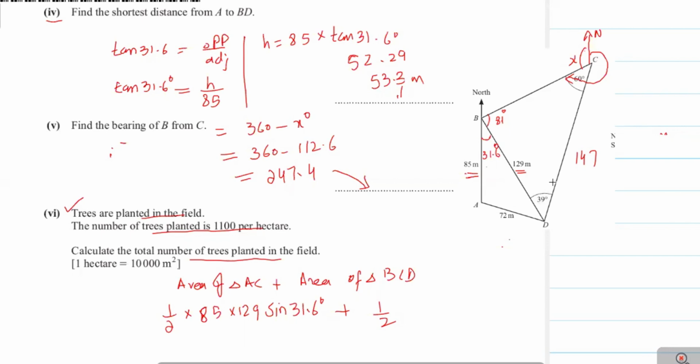Look here, the two adjacent sides here are 129 and 147. We write 1/2 into 129 into 147 into sine of the angle between them, 39 degrees.